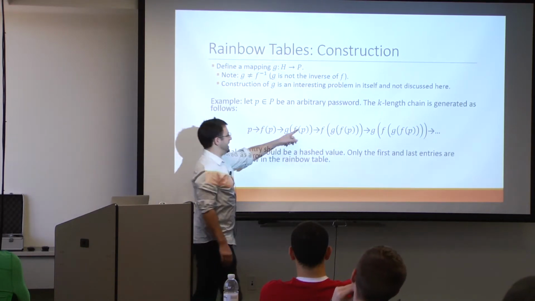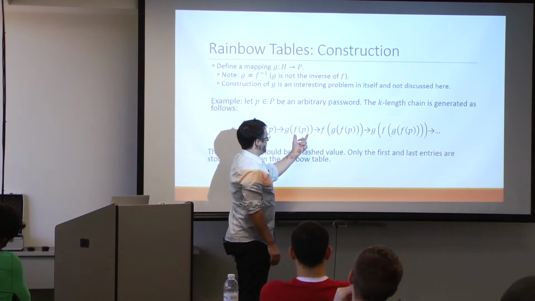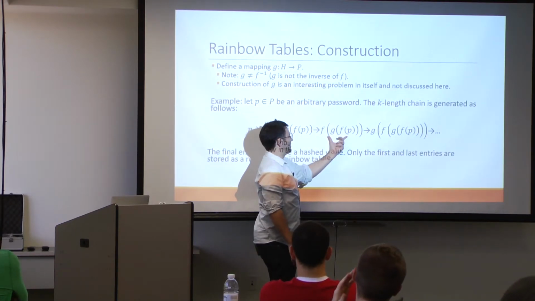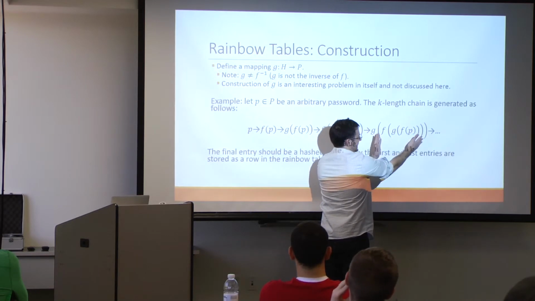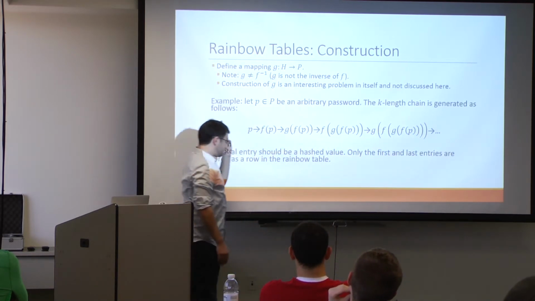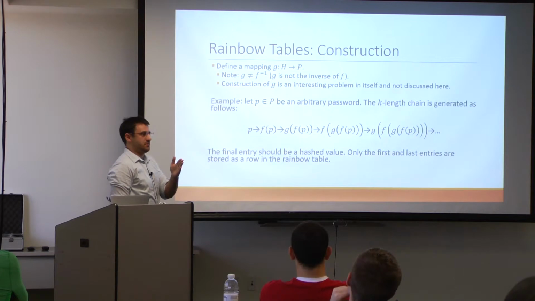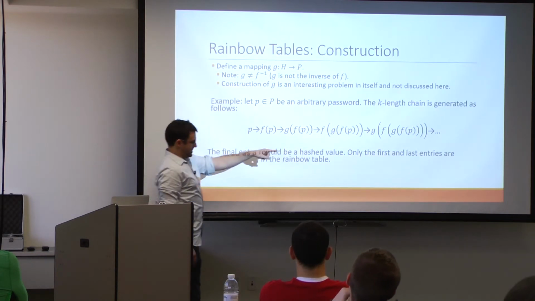Then we get back a password, and we find its hash value again, and then we take that hash value and apply g again and get back another password. We do that until we get k hash values, and so you continue the chain.